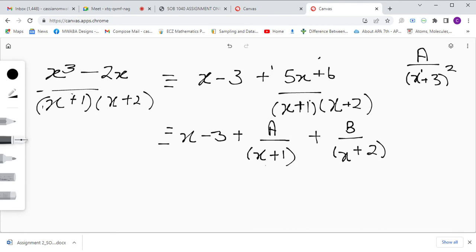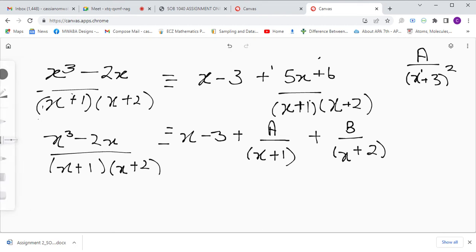So we have decomposed. Now we have to find the values of A and B. To get the values of A and B, we're going to multiply throughout this whole expression, x minus 3 minus 2x over x plus 1, x plus 2, with the common denominator.